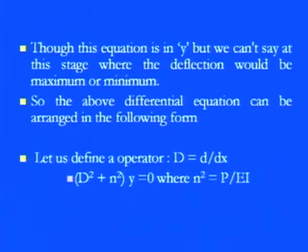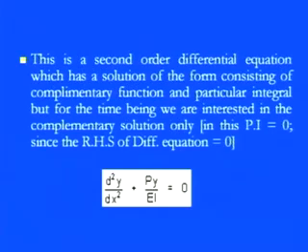With the use of this operator and the term n square, we have a second order differential equation, D square plus n square into y equals 0. Because D square is there, it is obviously d2 by dx square.